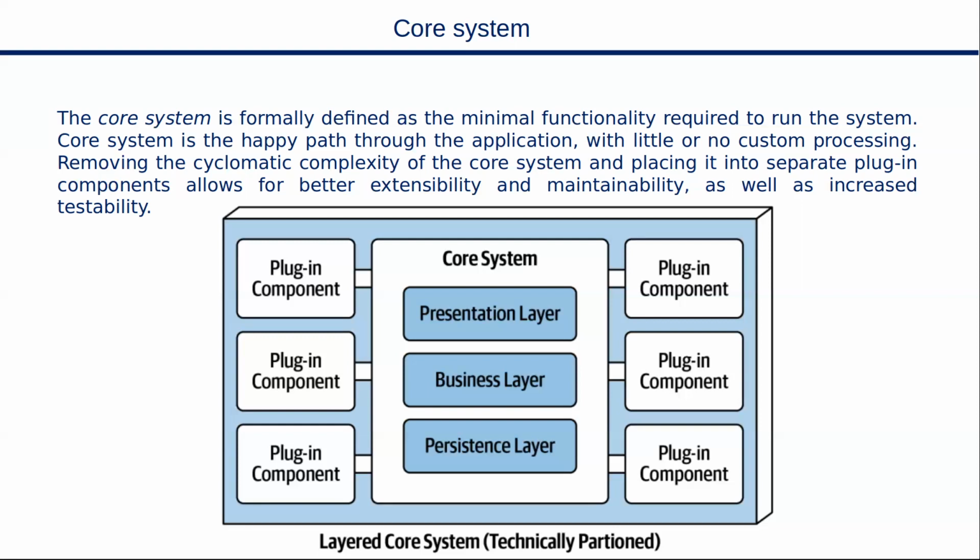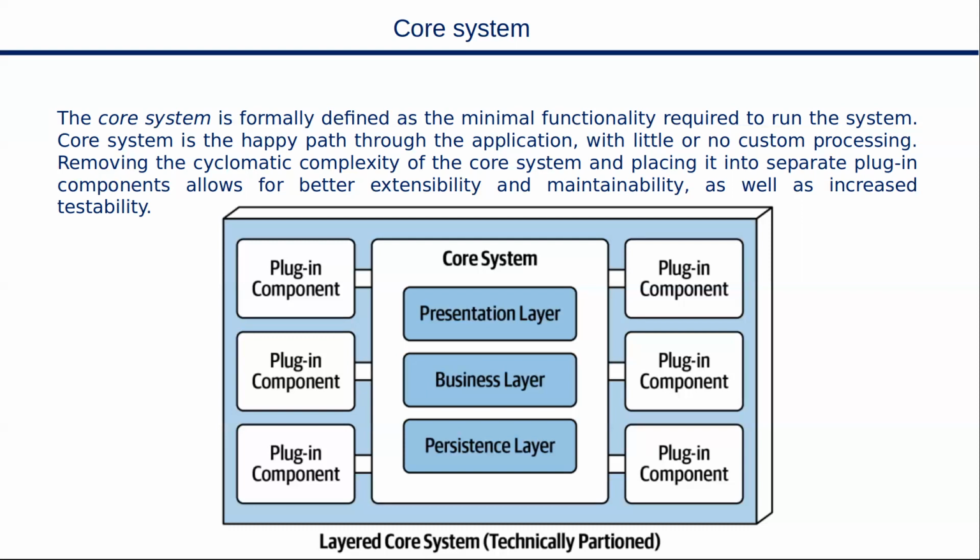Here we see that the core system just wraps the layered architecture. It consists of a persistence layer, a business layer, and a presentation layer. Does it mean that only such layers can be inside the core system of microkernel architecture? No, it doesn't.